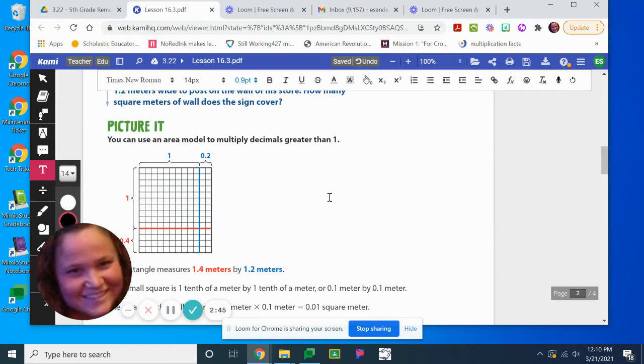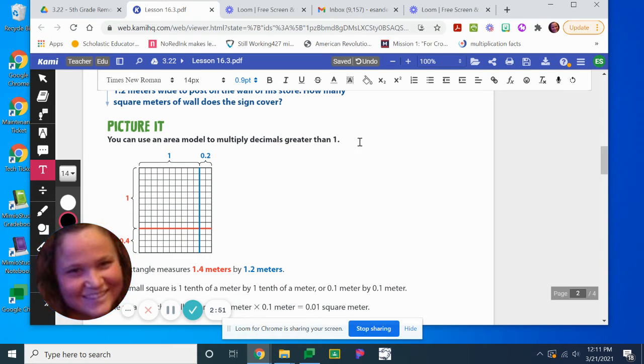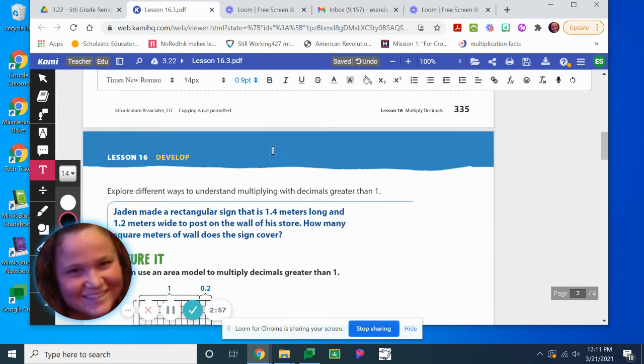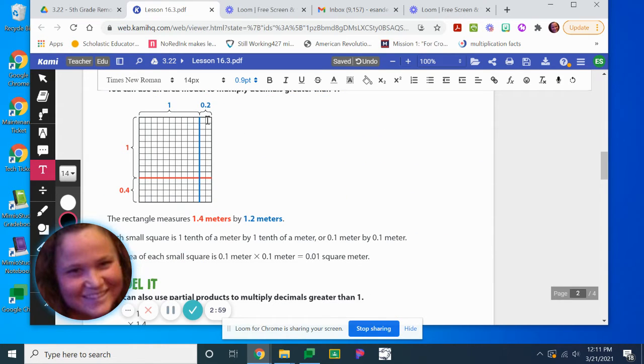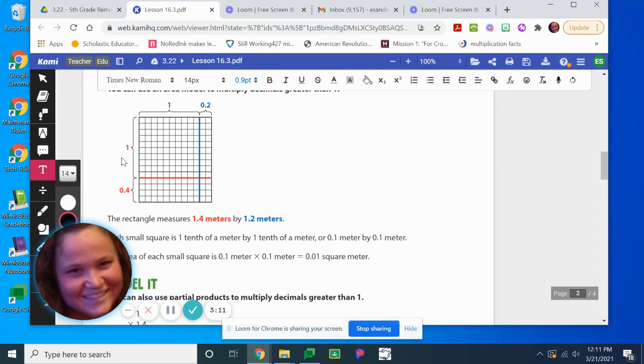Okay, if we move on, we've got explore different ways to understand it. Same problem. It says you can use a picture model. So this is the same exact thing that we did up here, except it's using a grid. So you have 1 whole, which means you have 10 tenths plus 2 more tenths. And over here, we've got 10 tenths plus 4 more tenths. Then you just multiply what's in the total thing.